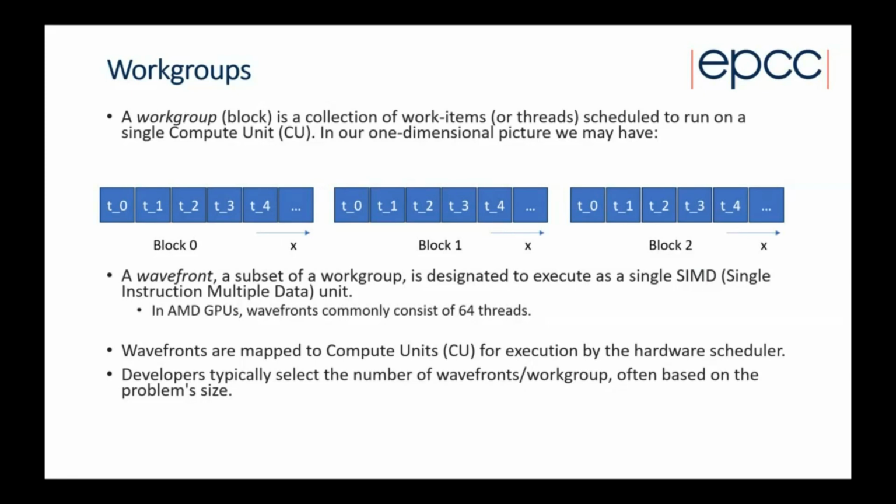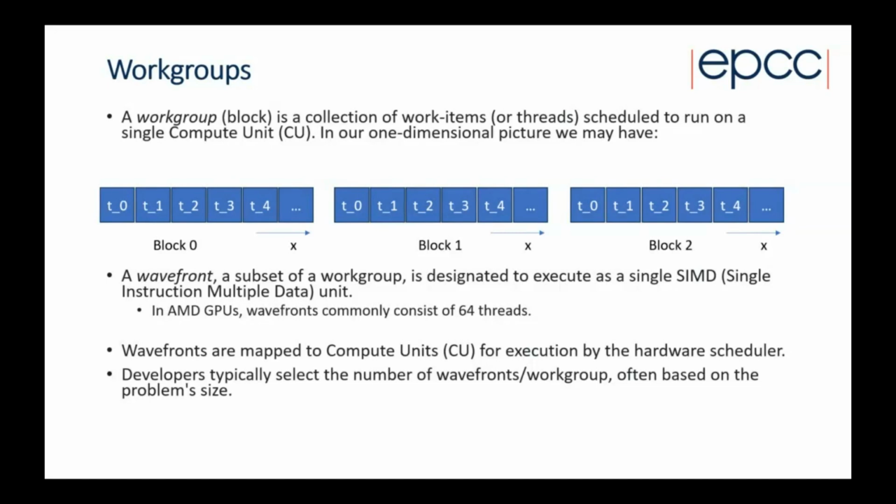So a wavefront is a subset of a work group. It is designed to execute on a single SIMD, a single instruction multiple data unit. In AMD, this might be 64 threads, all operating the same instruction, but we allocate different data to each stream processor or thread in order to do useful work.